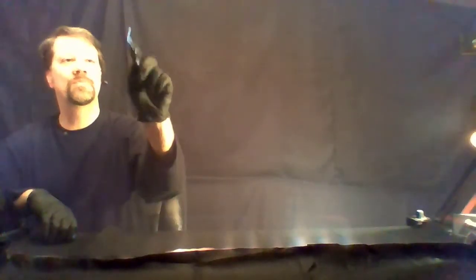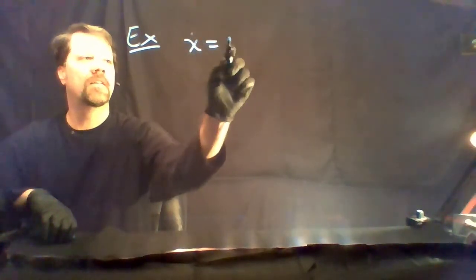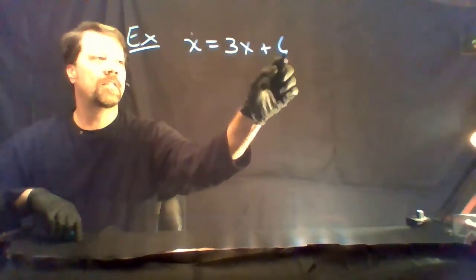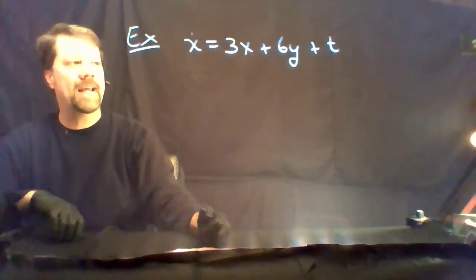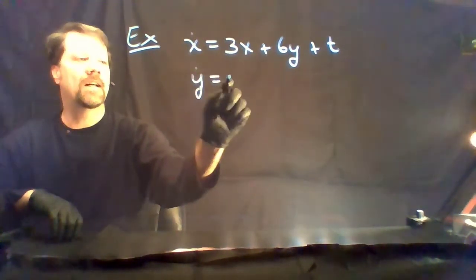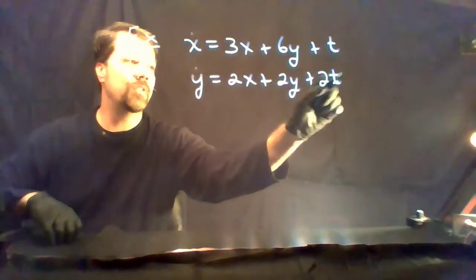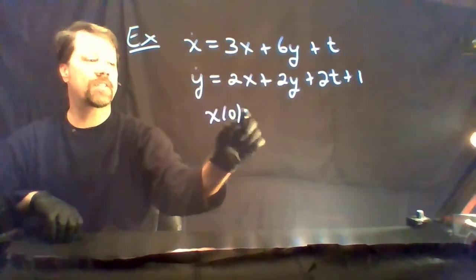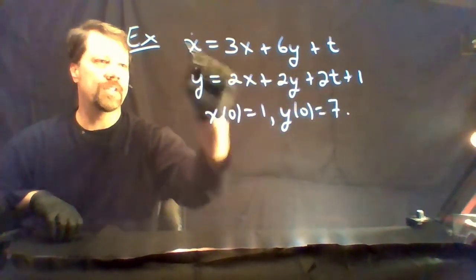As an example, consider the initial value problem: x dot is 3x plus 6y plus t, y dot is 2x plus 2y plus 2t plus 1, with the initial conditions x of 0 is 1, y of 0 is 7.